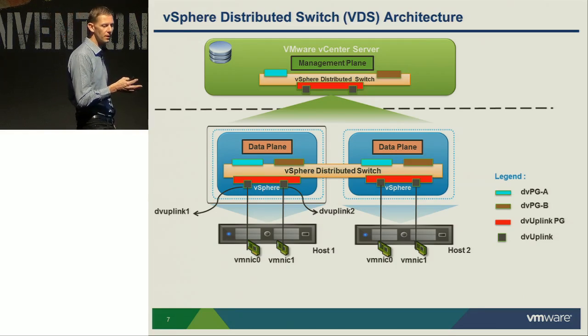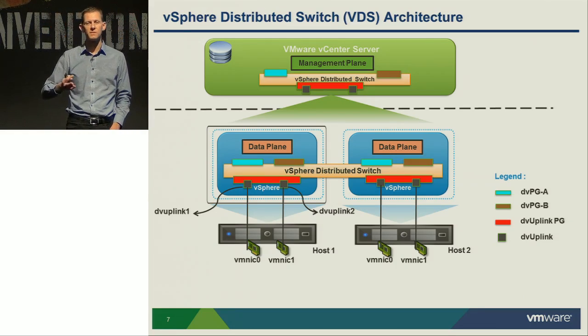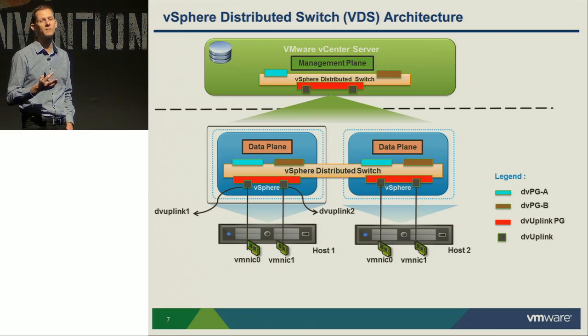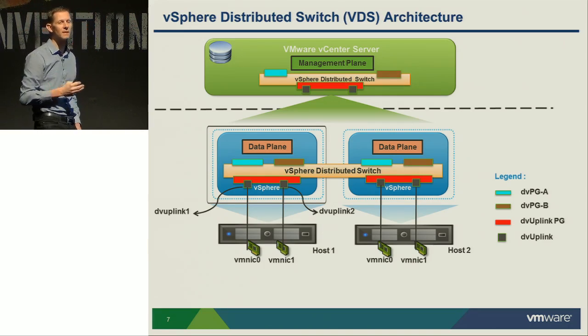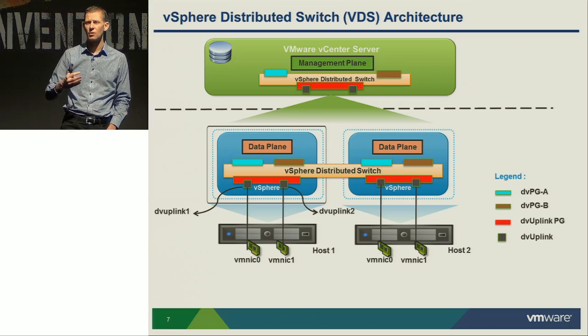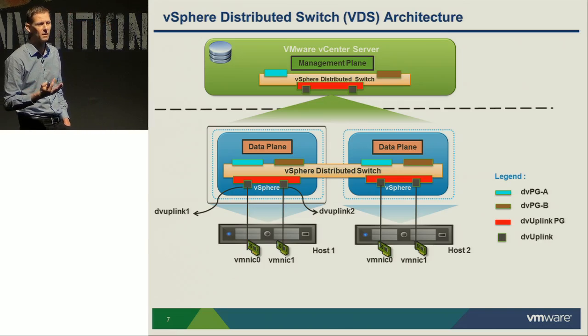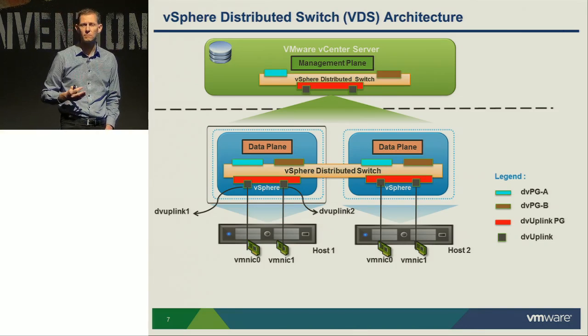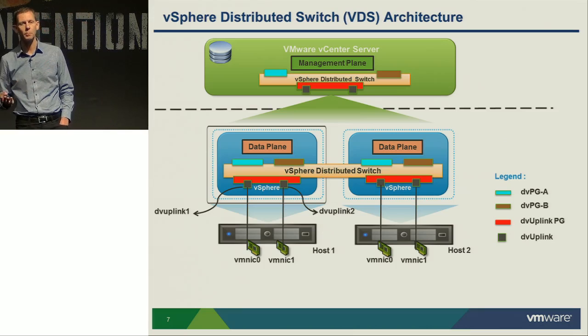But it's important to realize that if you have servers with 6 uplinks or 8 uplinks, 8 NICs in them, then you have to set your VDS at the vCenter level with the highest common denominator. So if you had a server that had 8 NICs, you would configure your DV, your virtual switch, with 8 uplinks.